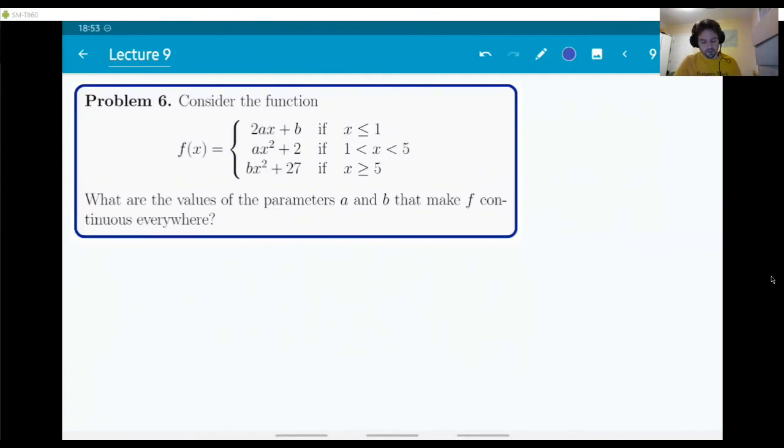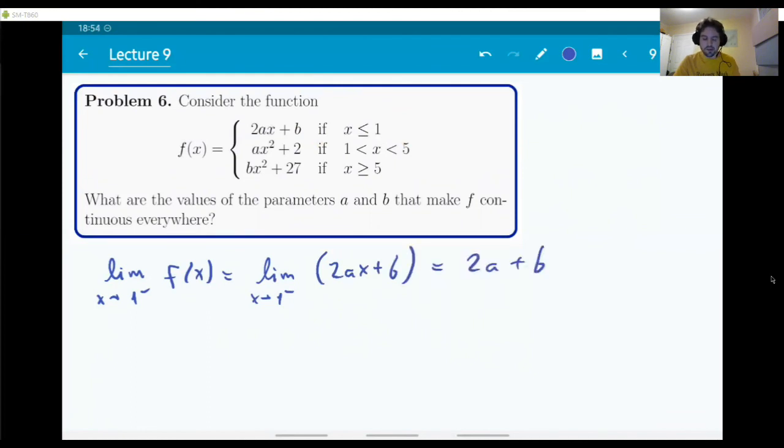So for example, the one-sided limit, let's say from the left as you approach 1: if you're looking at x less than 1, you're looking at the expression 2ax plus b. This is going to be 2a plus b, plugging in x equals 1.